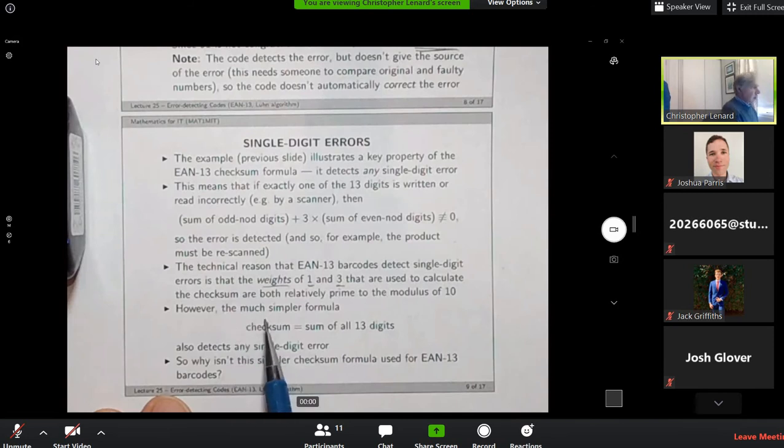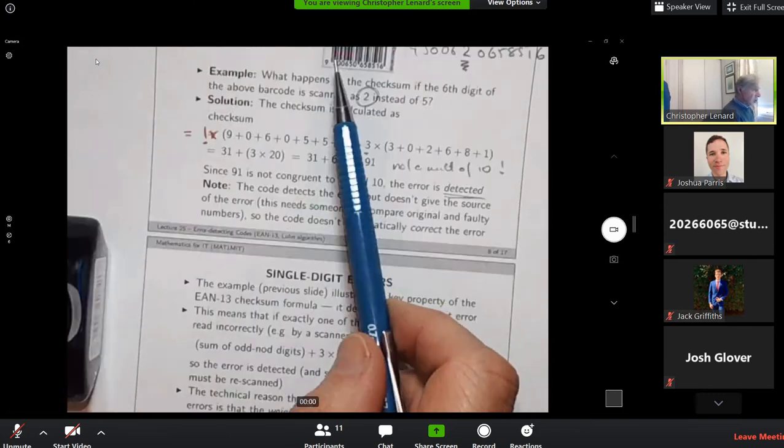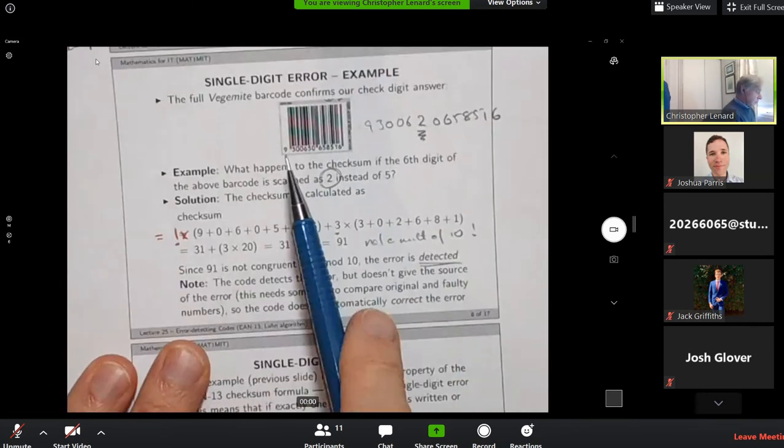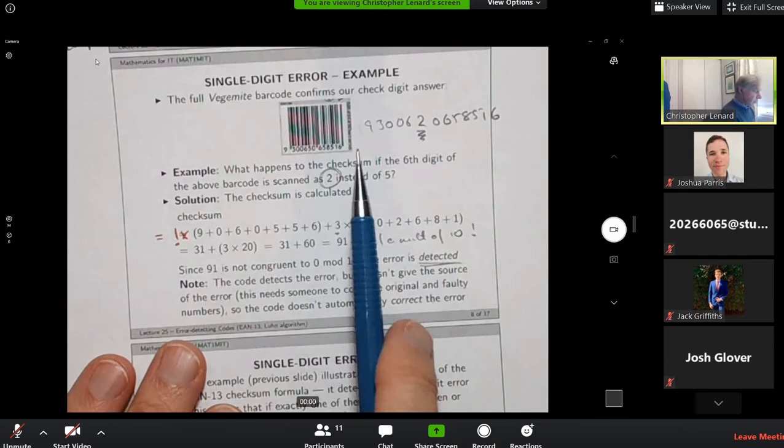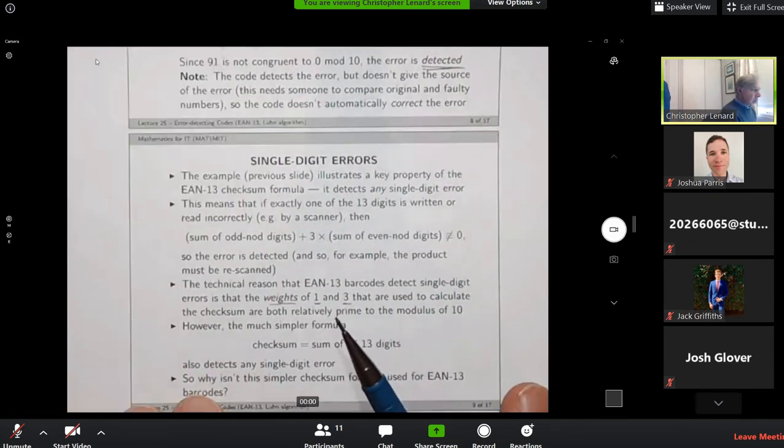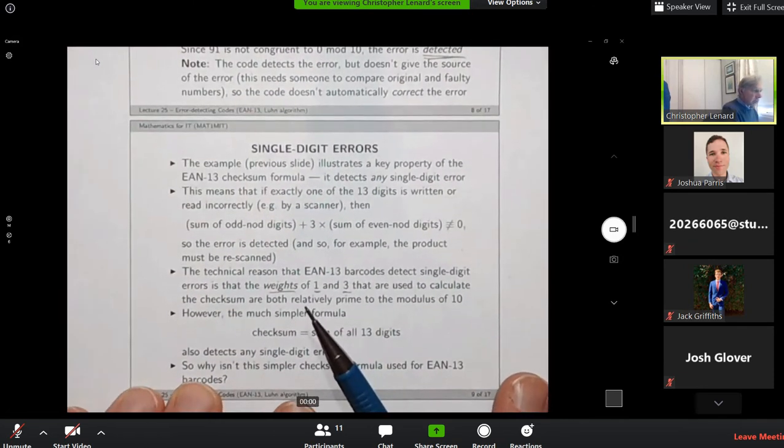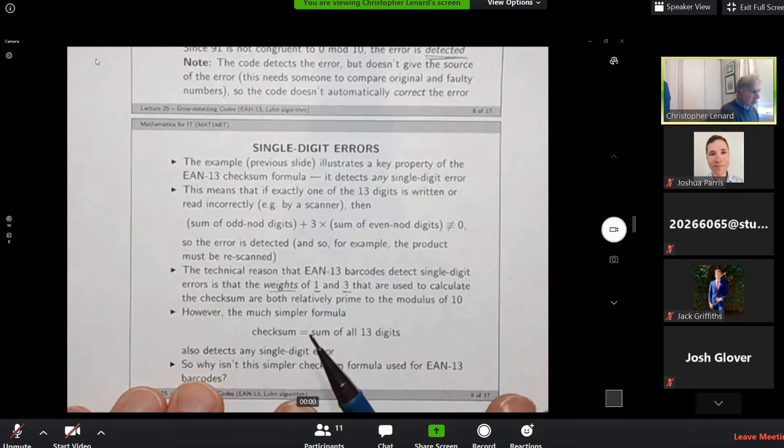It turns out, though, that while this is what is actually used, there's a reason for it. There's a bit of a roundabout way of getting there. But if you take just a simpler formula, just add up all those digits, 9 plus 3 plus 0 plus 0 all the way up, and use that as the basis of making the multiple of 10, then that simpler formula would also detect a single digit error.